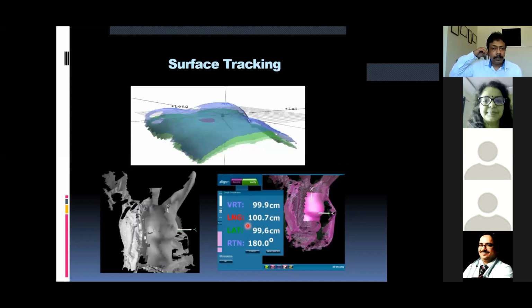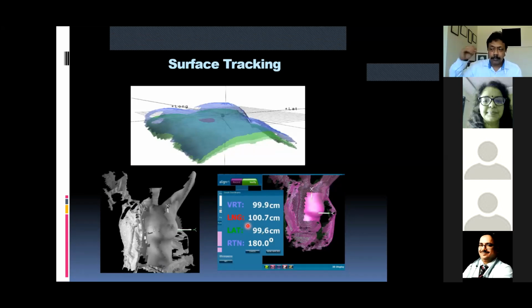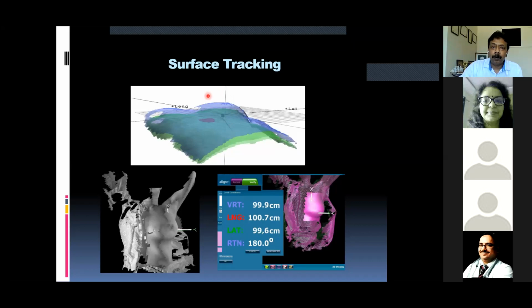Now a new technology is coming up, that is surface guided radiotherapy or surface tracking. This is a type of augmented reality, an optical imaging system of the surface, and it does not involve any ionizing radiation.